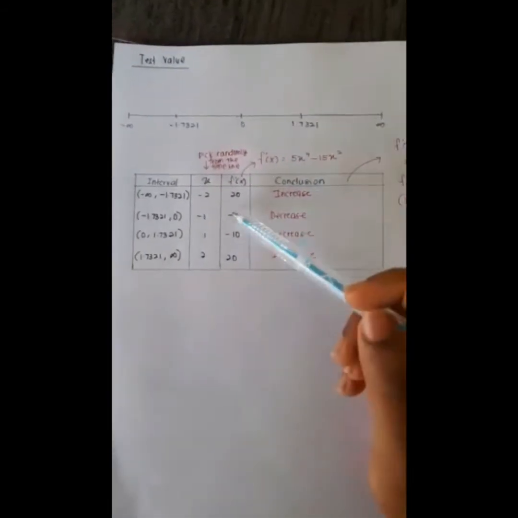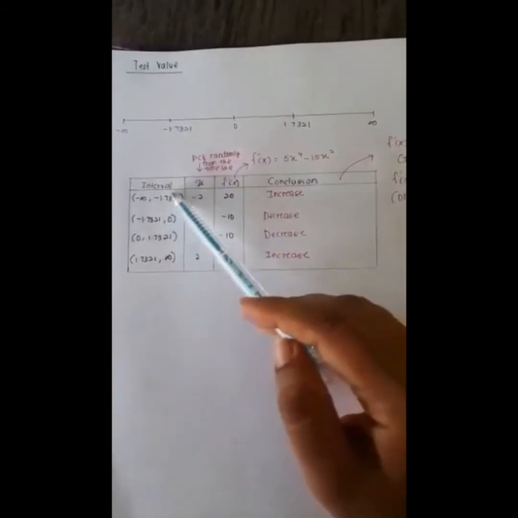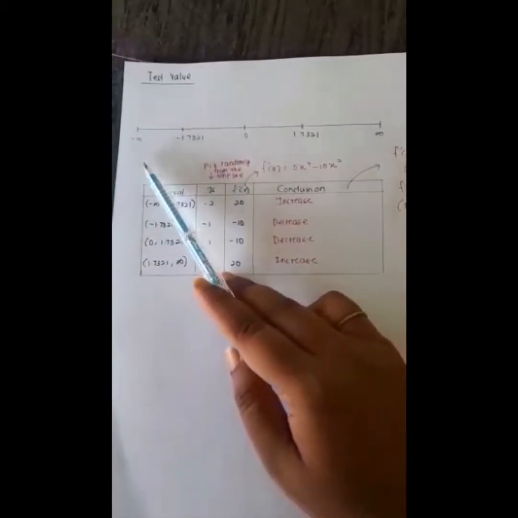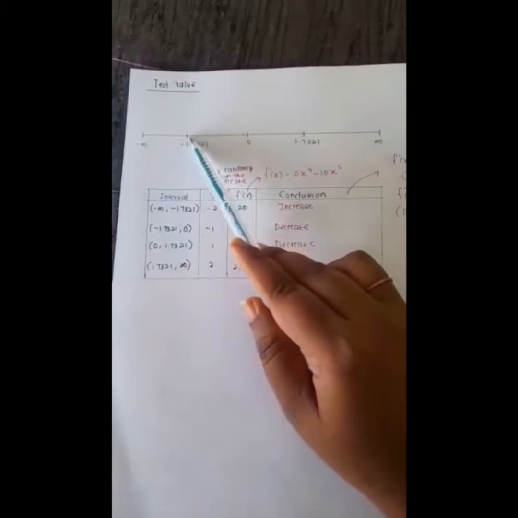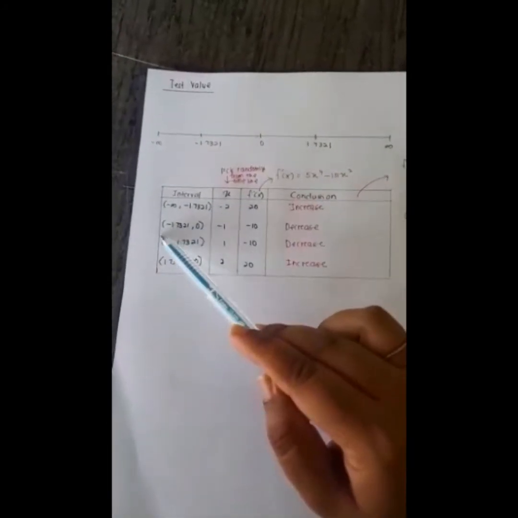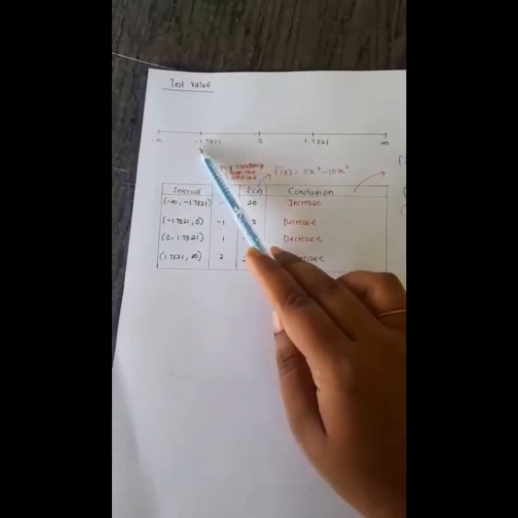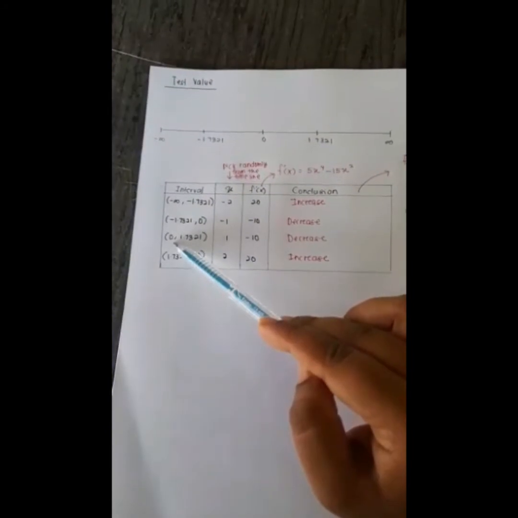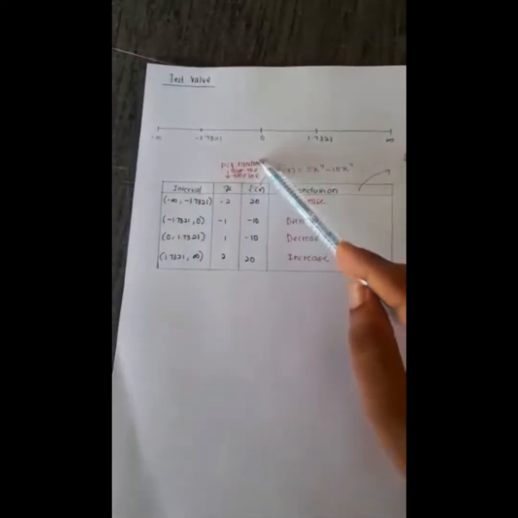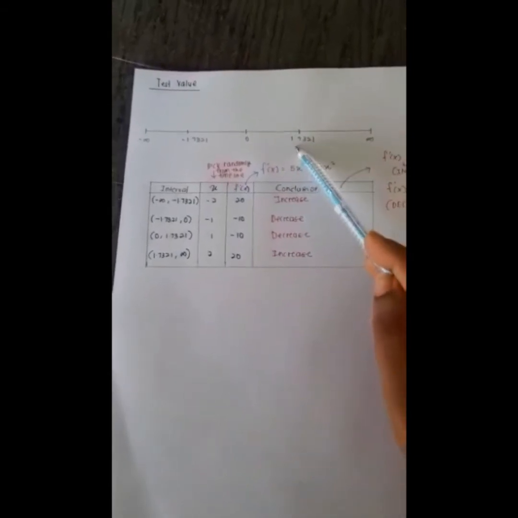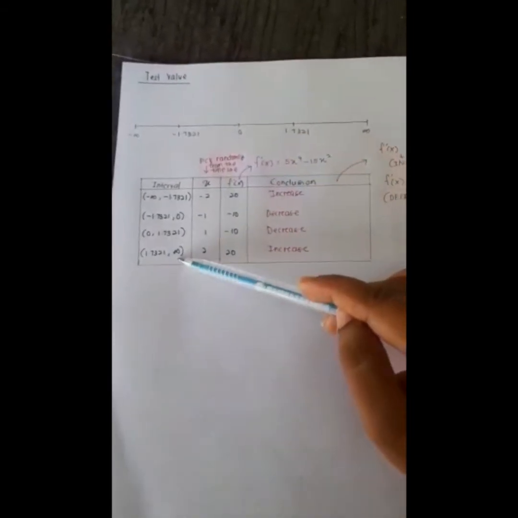So just choose the intervals: from negative infinity to negative 1.7321, and from negative 1.7321 to 0, and 0 to 1.7321, and then 1.7321 to positive infinity.